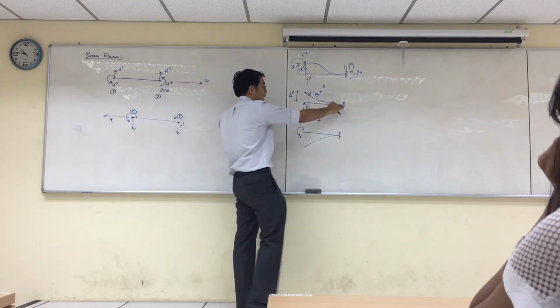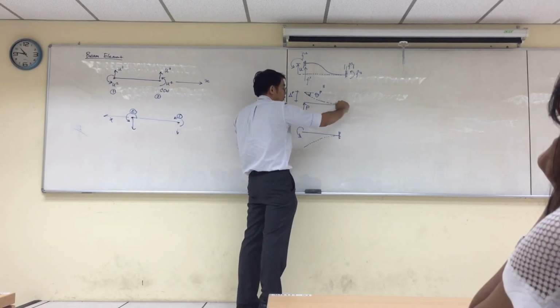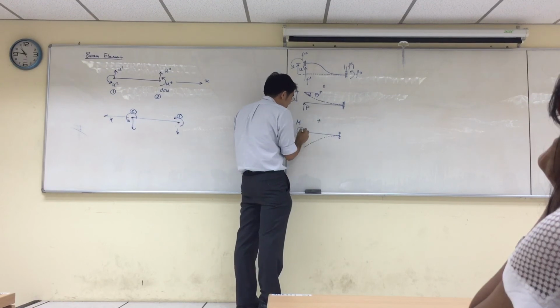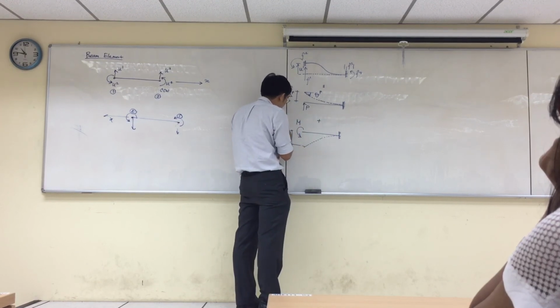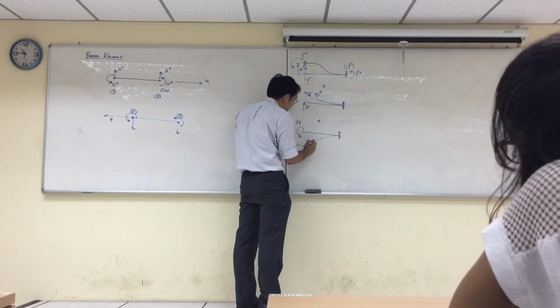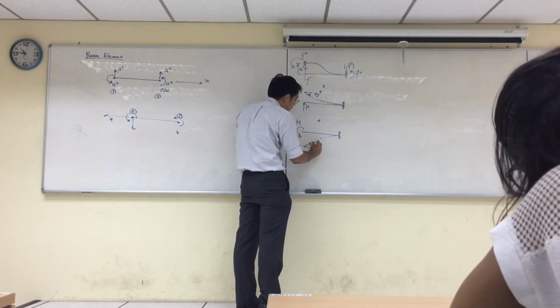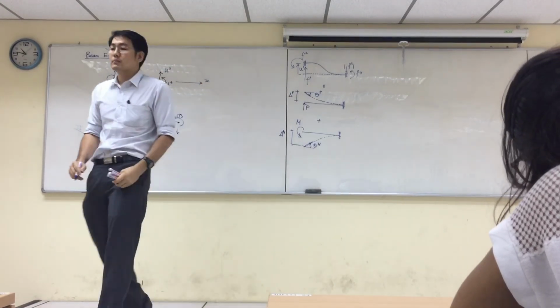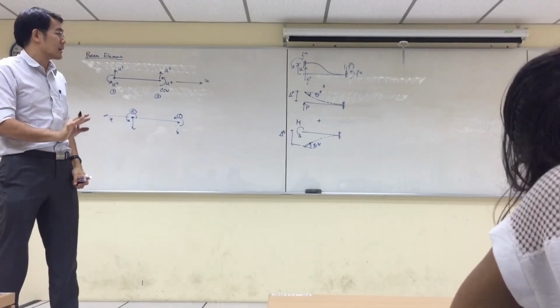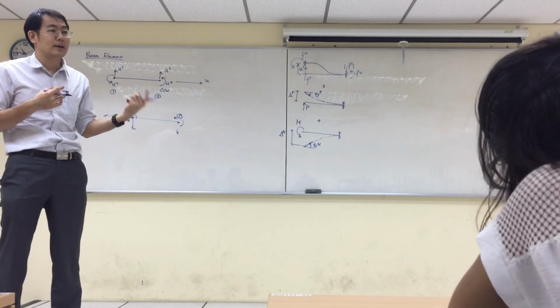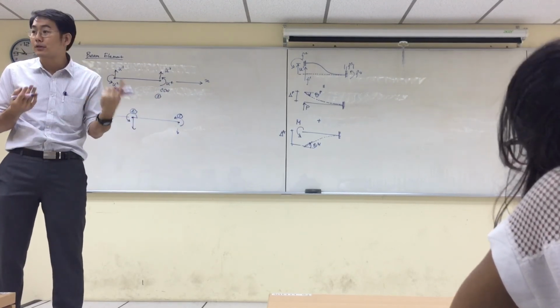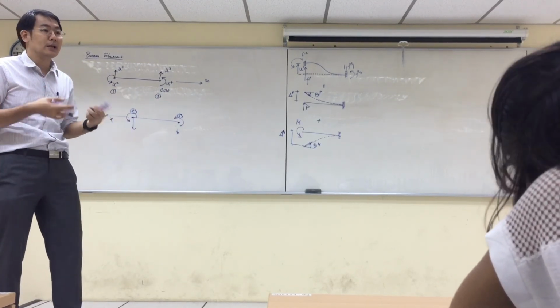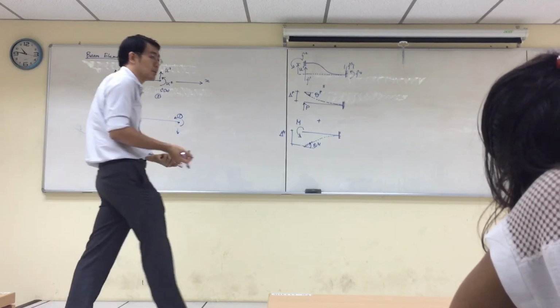At the support you have zero slope, and over here delta superscript M and theta superscript M. We just note that delta P and delta M are of opposite sign, and theta P and theta M, again, opposite sign.